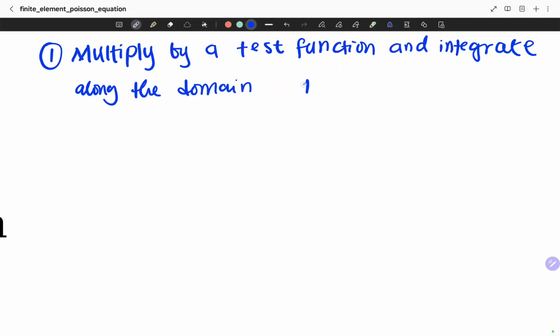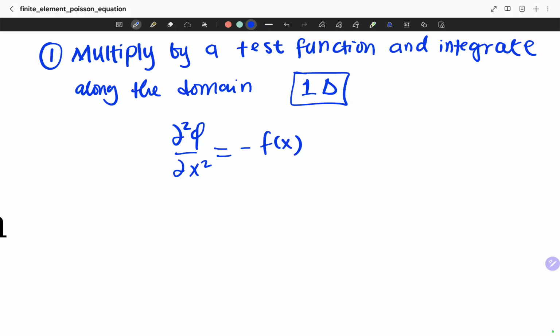So we are looking at 1D here, and therefore we are going to integrate along x. So the Poisson equation is like this for 1D, or we can say equals minus f of x. This is the Poisson equation.